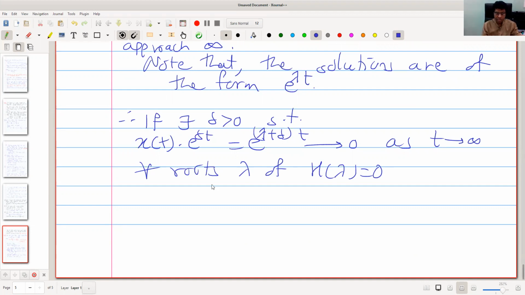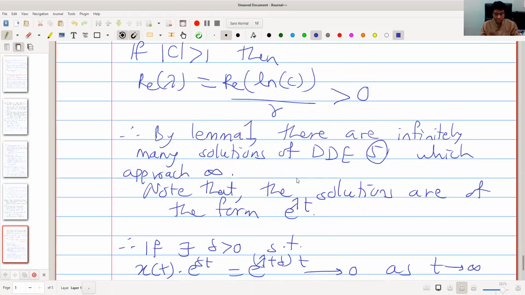then it is necessary that mod c should be less than 1. Okay, this cannot happen if mod c is greater than 1.